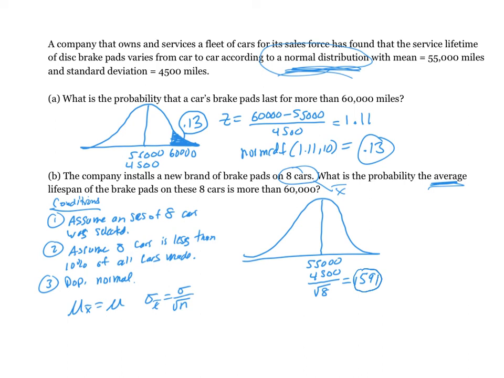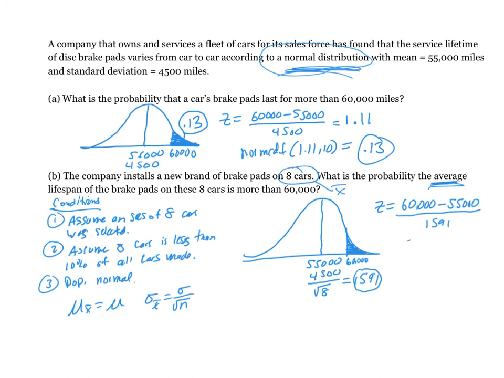Okay. So now I want to check the same question I had before. What's the chance of these cars averaging more than 60,000 miles on their brake pads? So it's going to be another z-score, but with my adjusted standard deviation. So it's 60,000 minus 55,000 over 1591.